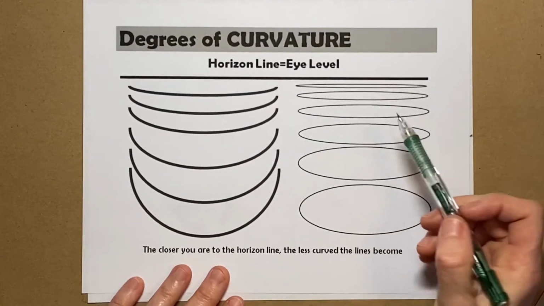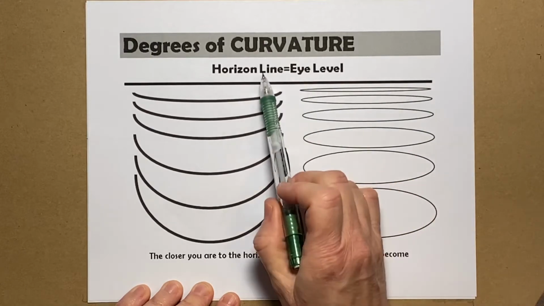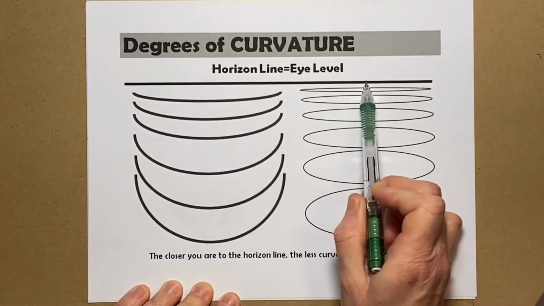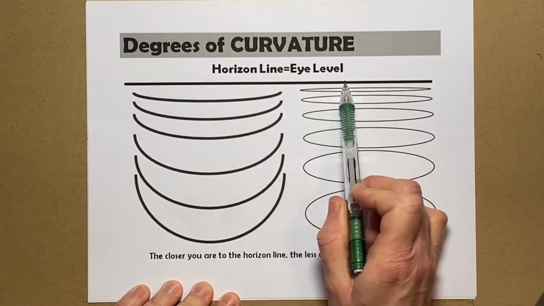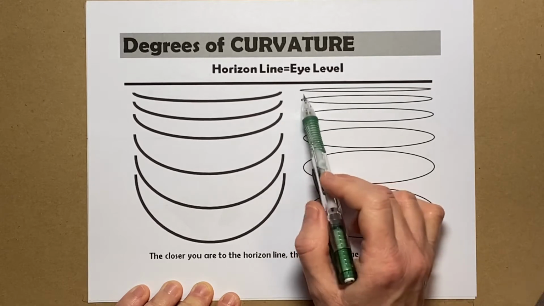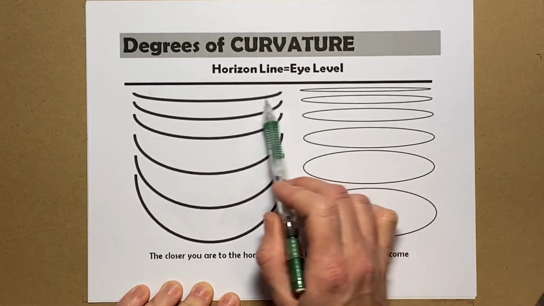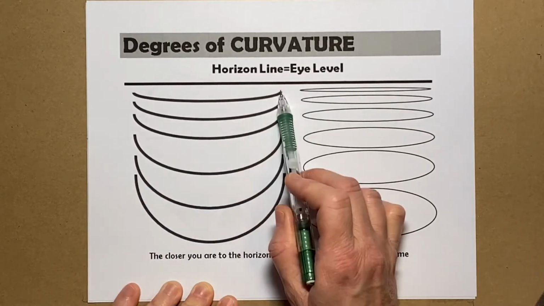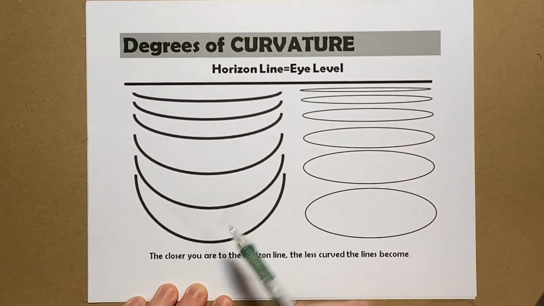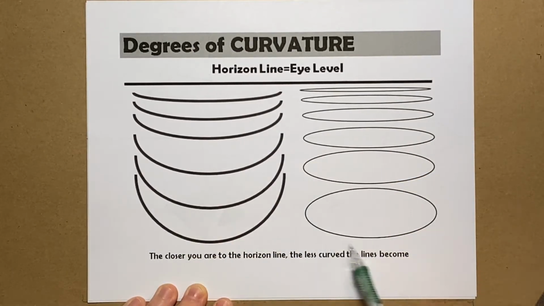Now, remember, this is a very important thing that we learned at the beginning of the year: the closer things get to the horizon line or your eye level, the more narrow the lines become, or the less curved the lines become. As they get further away from the horizon line, the more curved they become.